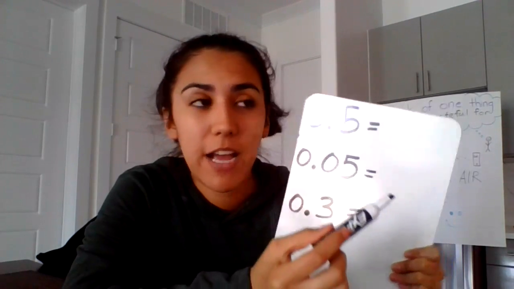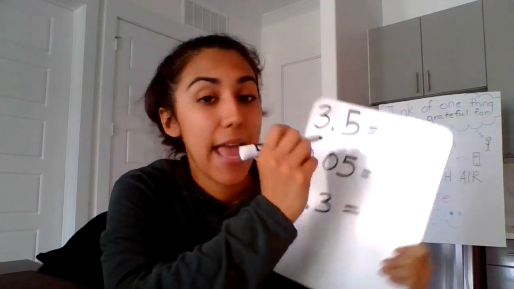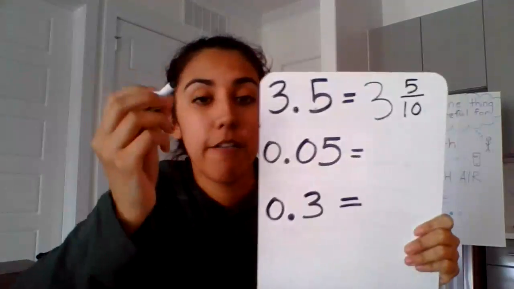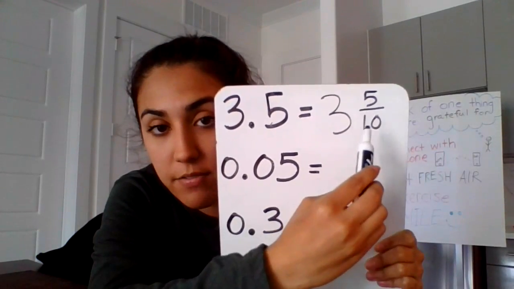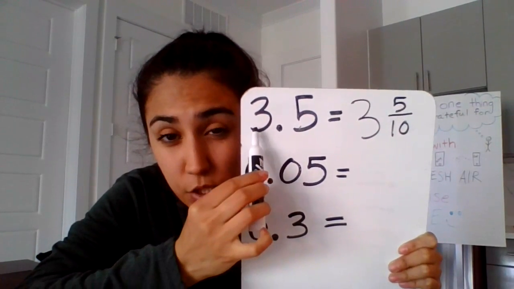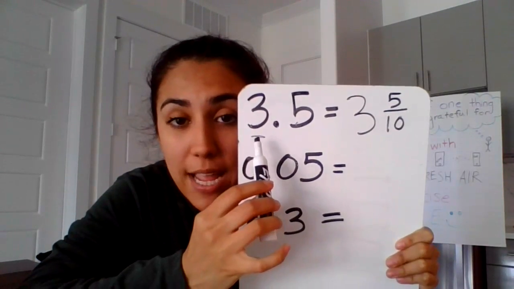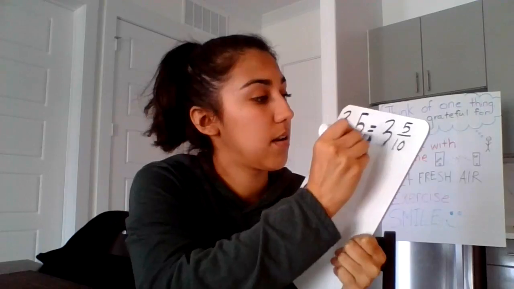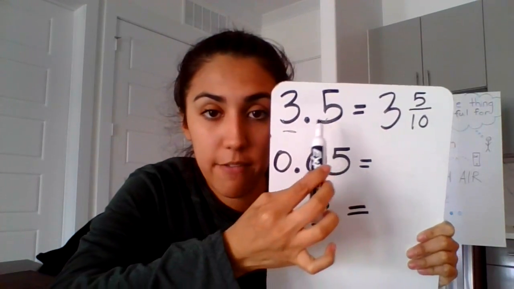Okay, so let's write that as a fraction. 3 and 5/10. Notice this 3 is in the ones place, so it's a whole number. When we write whole numbers as a fraction, we're just gonna write them big and on the left hand side. 3 and 5/10.